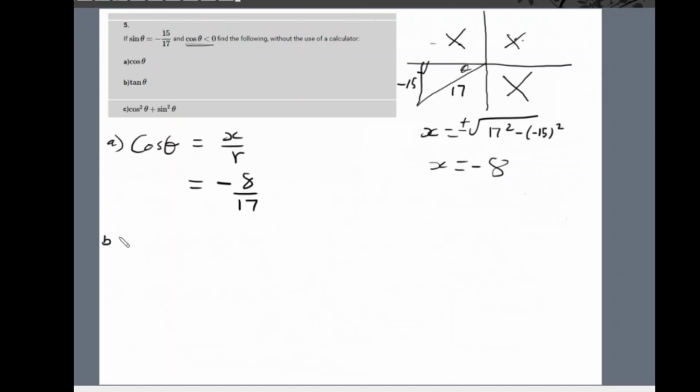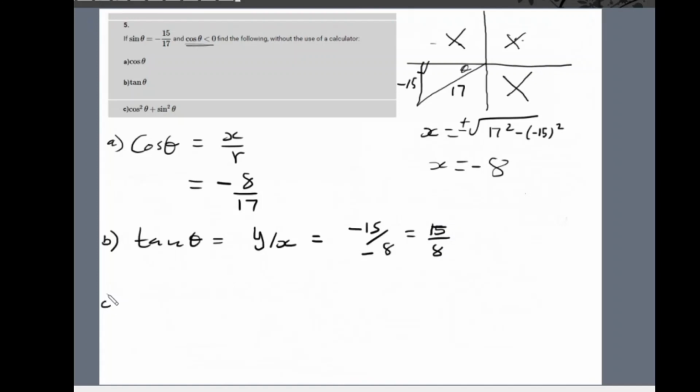Then you go to question B, tan theta. Tan theta is y over x. We know the value of y is minus 15 and the value of x is minus 8. So tan theta is 15 over 8.